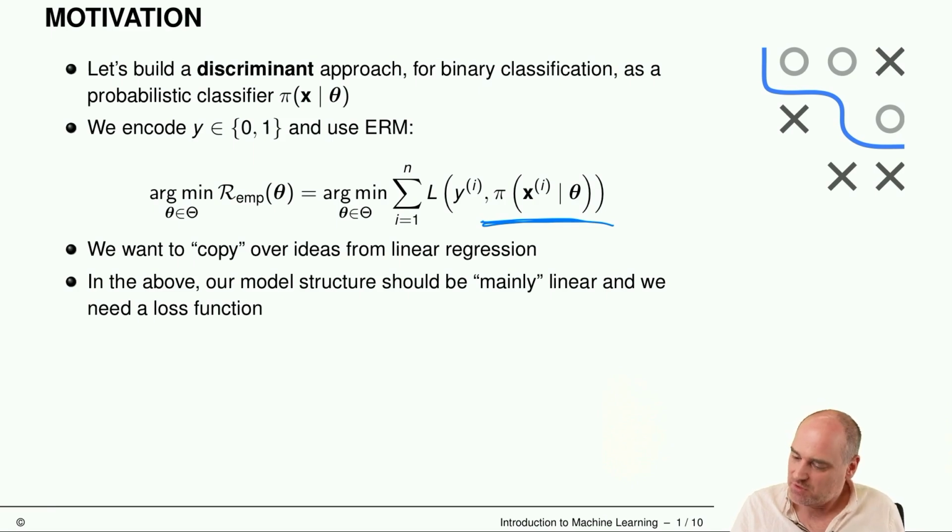At the very least, we have to decide how our model structure π should look like, our hypothesis space, and we also have to define how our loss function should look like.